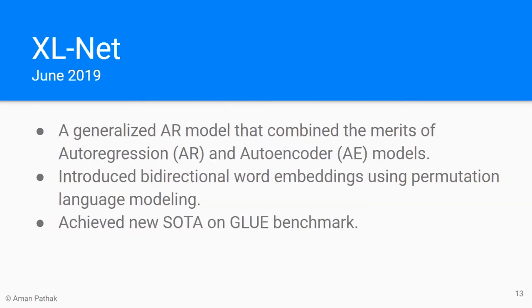The next paper we'll talk about is XLNet. It is a generalized autoregression model that combines the merits of autoregression and autoencoder models. Till June 2019, we knew that bidirectional encoders naturally perform better in natural language tasks, and therefore, to combine the power of the two, XLNet was proposed.